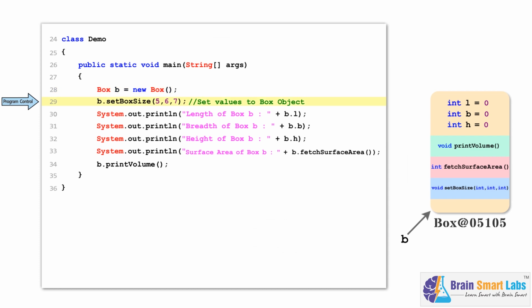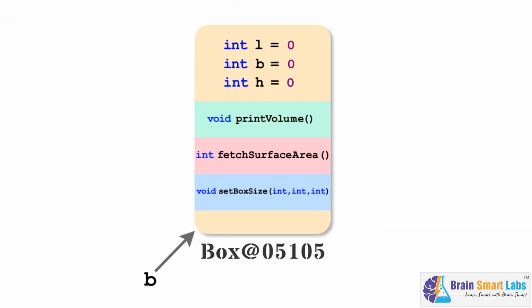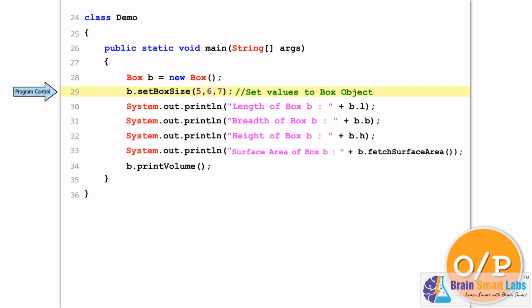In line number 29, when this method gets invoked, boom! The values of object B get instantly changed from the default value to the argument values that we are sending through our caller method. Hereafter, as usual, the dimensions of our modified box object, its real-time surface area and its volume will get printed as our output without any hassle.